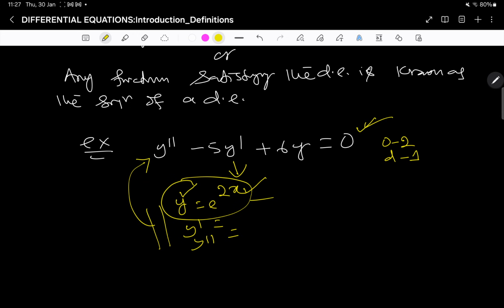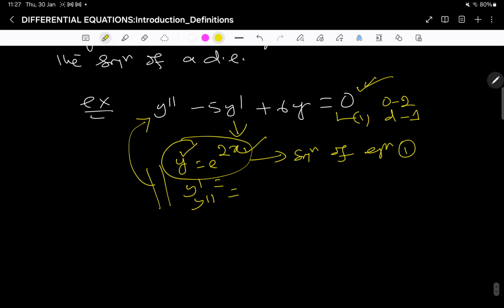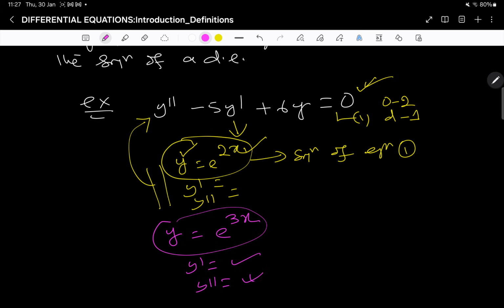So this is a solution of, let it be my equation 1. Similarly, y = e^(3x) also: if I find y' and y'' and substitute, this will also satisfy, and is also a solution of equation 1.